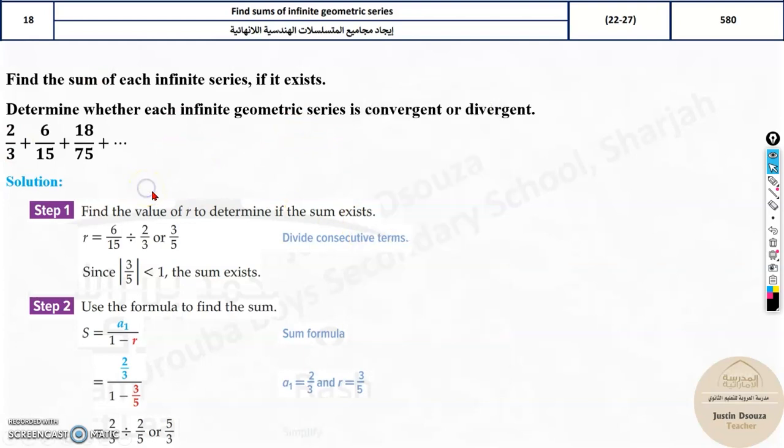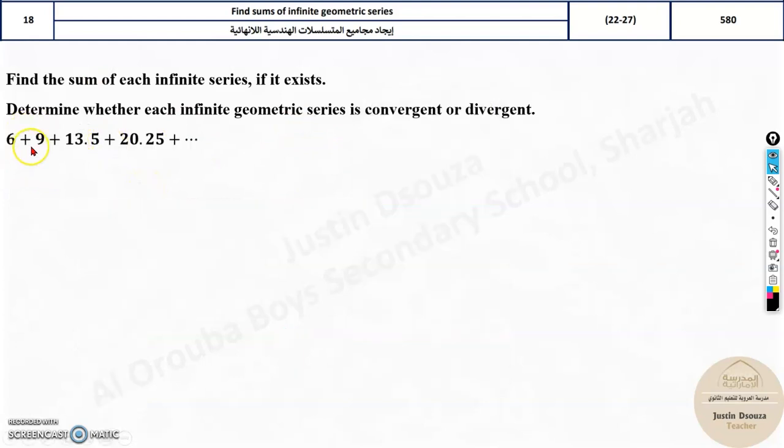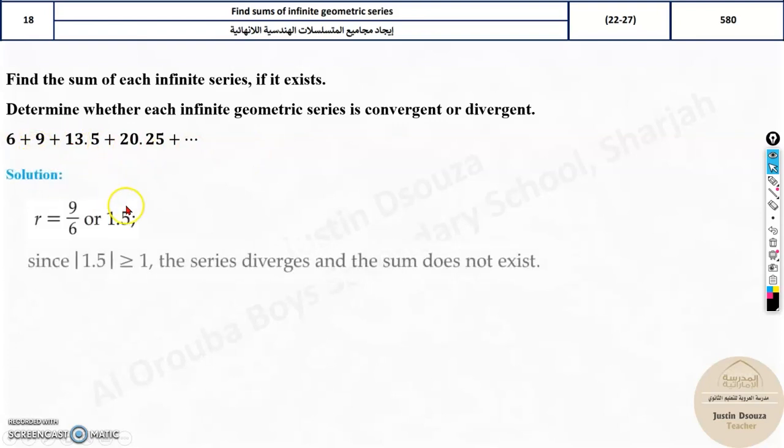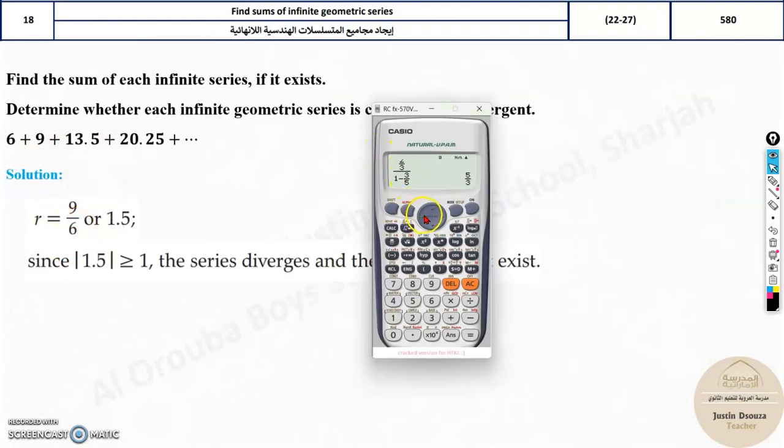Now let's look into one more similar problem. Here, 6, 9, 13.5. Just looking at this, you can tell there is no answer for this, right? Why? Because the R value is 1.5, which is greater than 1. If you want, you can try this.